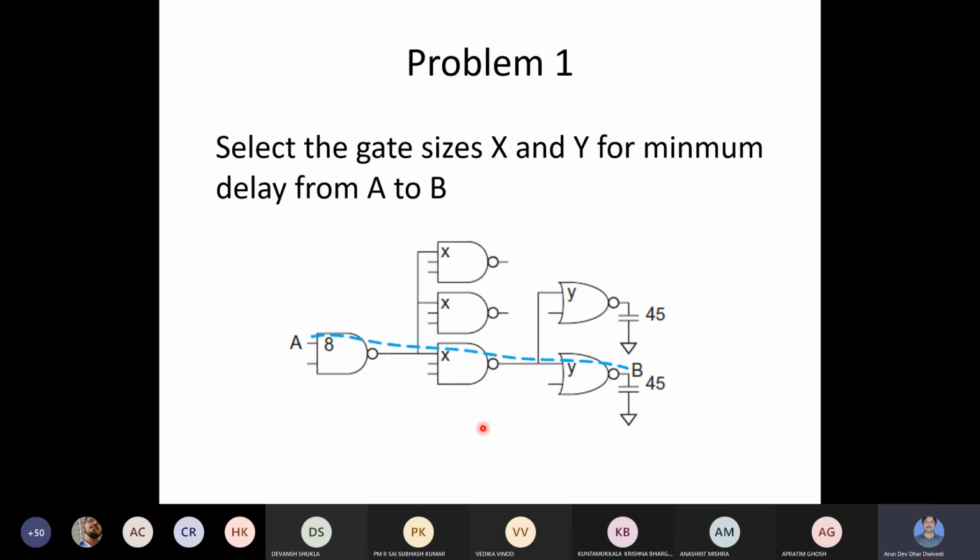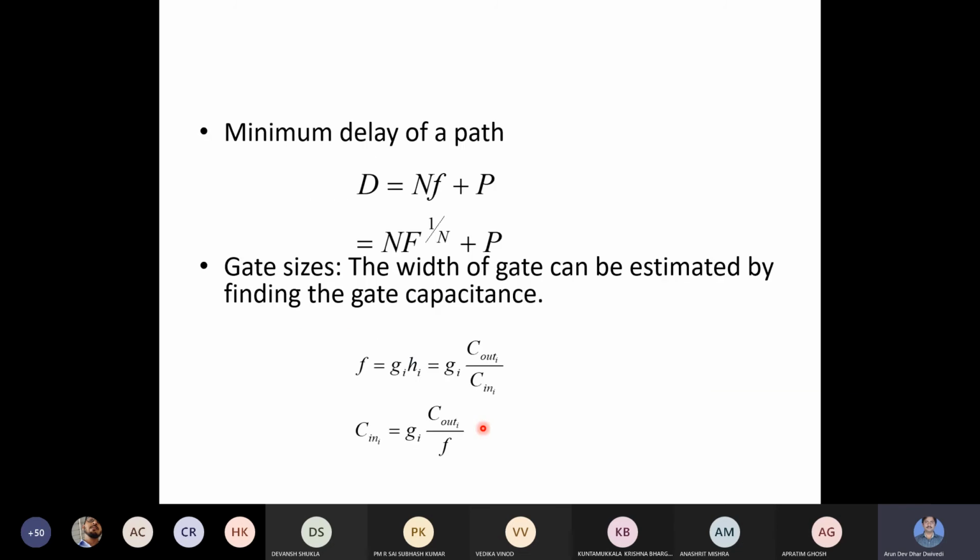Then other problems and other things we can discuss in coming turns. So we have covered the basic introduction of logical effort, and logical effort for a single stage, meaning a single gate.